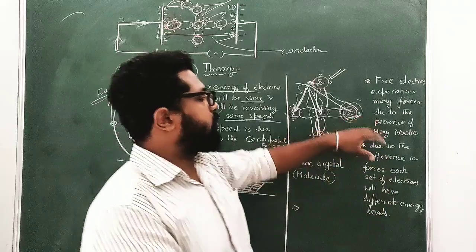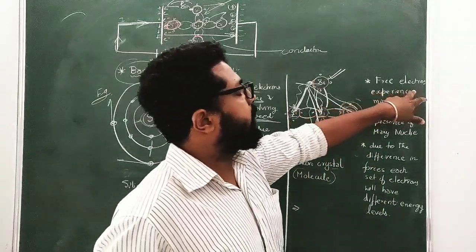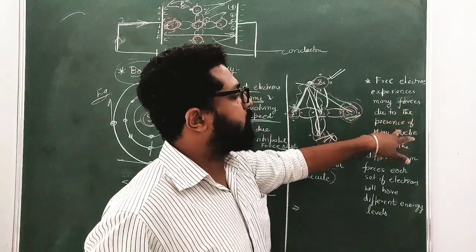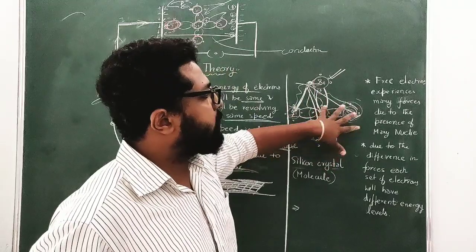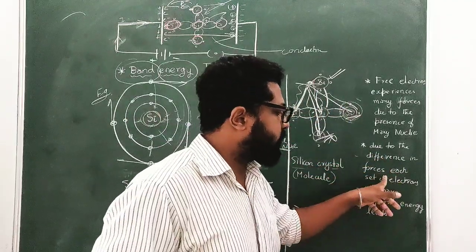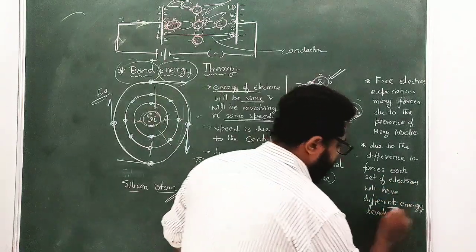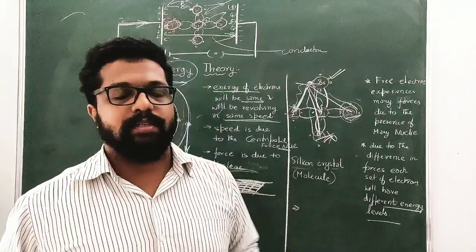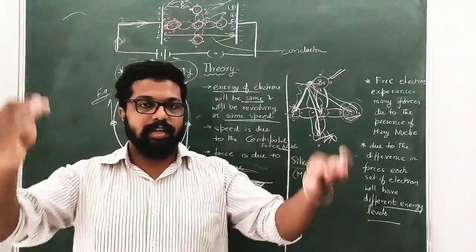So what I'm trying to tell is, this is a silicon crystal molecule, and here the free electrons experience many forces due to the presence of many nuclei. Due to this difference in forces, each set of electrons will have different energy levels. And that's how we can classify these electrons into different energy levels.